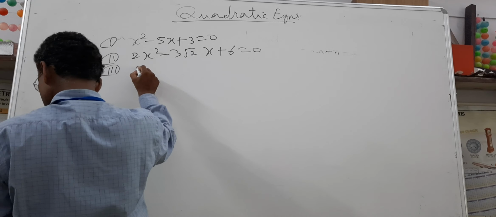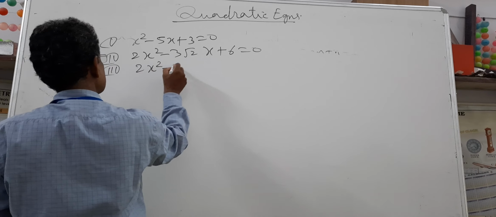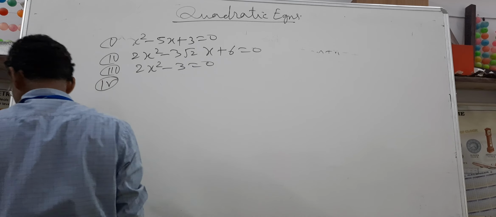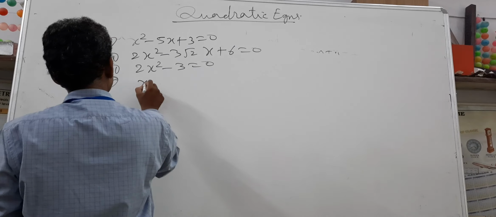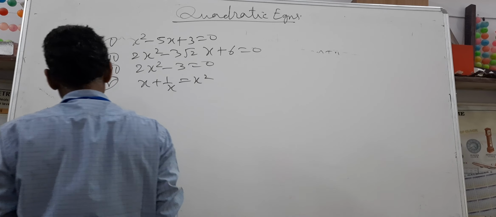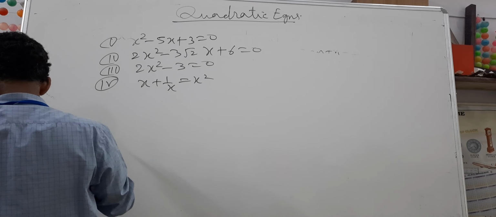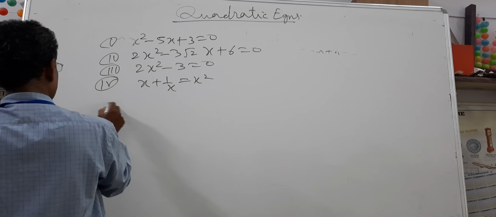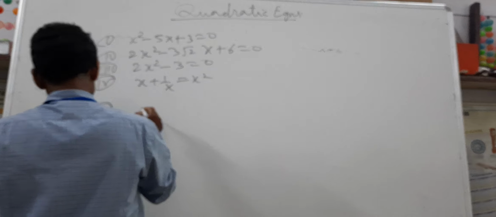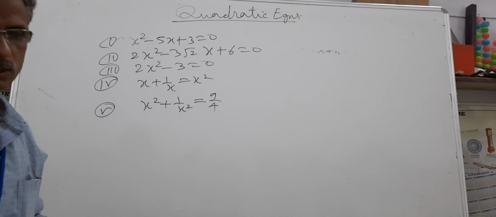Third, 2x square minus 3 equal to 0. Fourth, x plus 1 upon x equal to x square. Fifth, x square plus 1 upon x square is equal to 9 by 4.